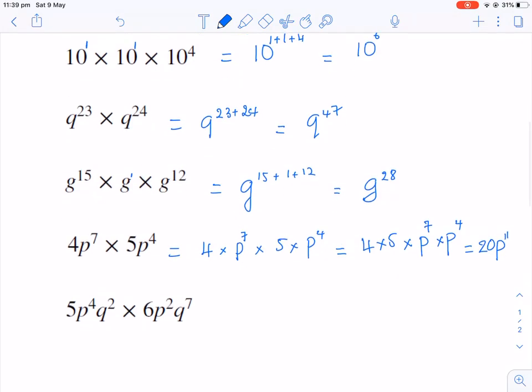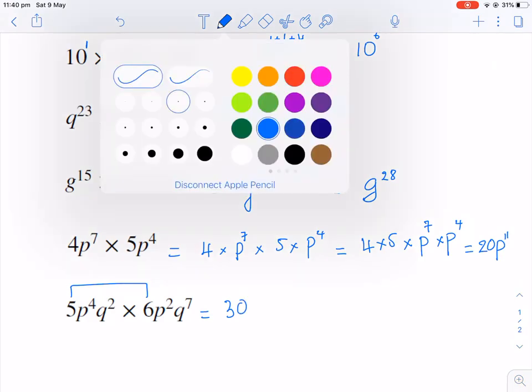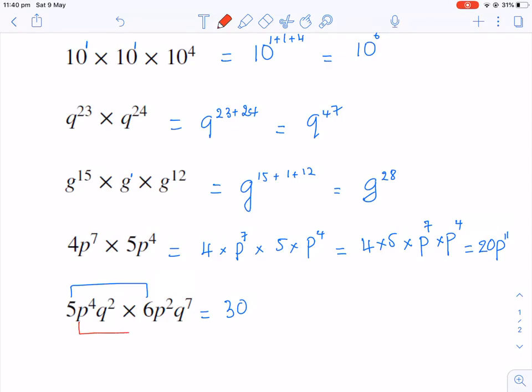Next one and the last one. So we use the same thing. We just get number times number. So 5 times 6 is 30. And then the same base, P to the power 4 times P to the power 2.